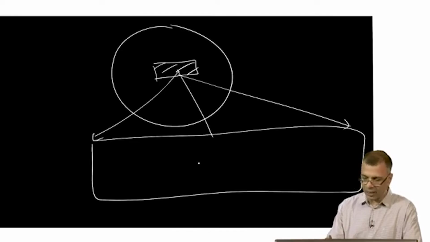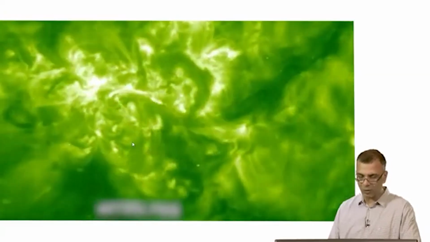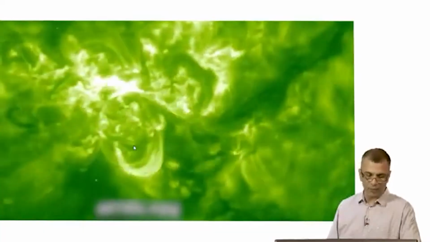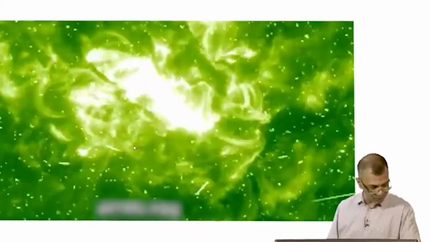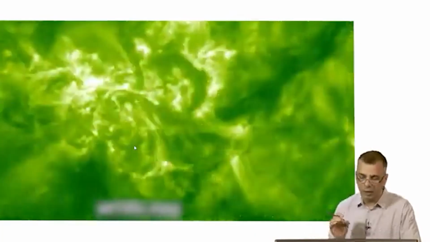You can kind of make out, but it's not very evident. What you're really seeing is a sequence of very twisted loops and so on and so forth, and something is happening to those loops which causes the onset of this flare.